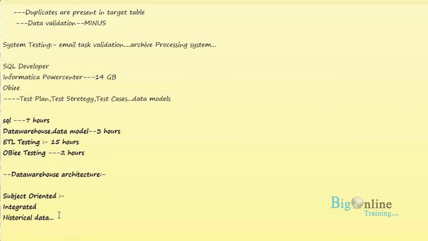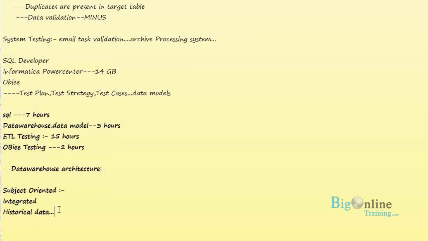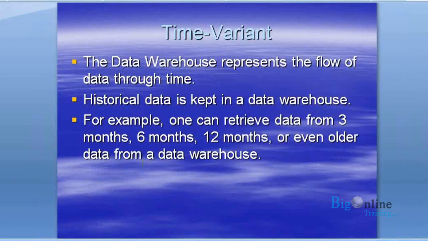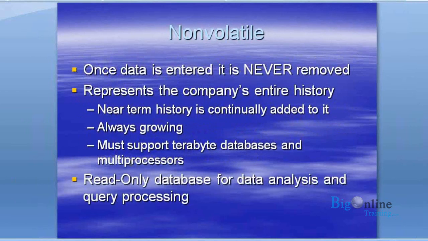That's why the data warehouse is called time variant. Time variant in the sense that we'll have data for all the time periods, so you can access the data at any point of time. If you want to access the data for 2012, 2013, any historical data can be tracked by you from the data warehouse. That's why it is called a time variant system.